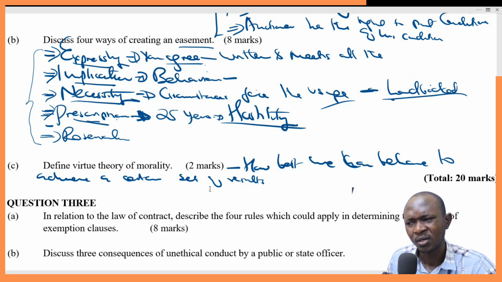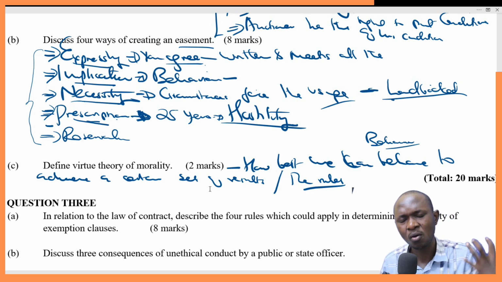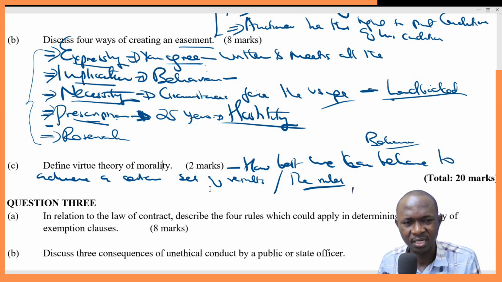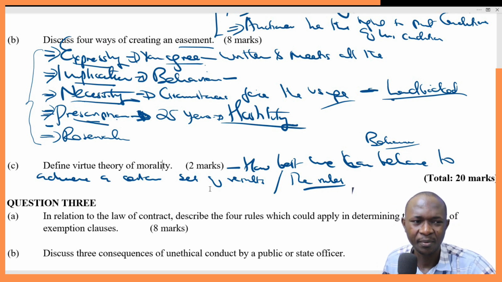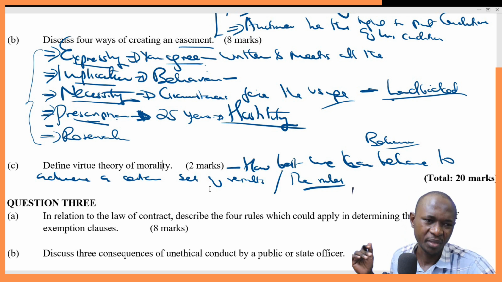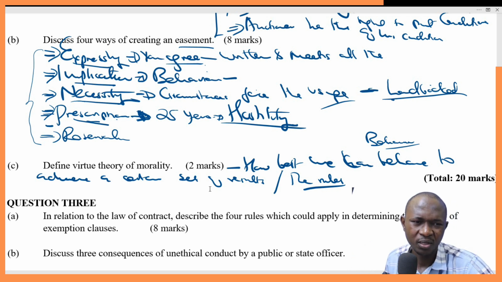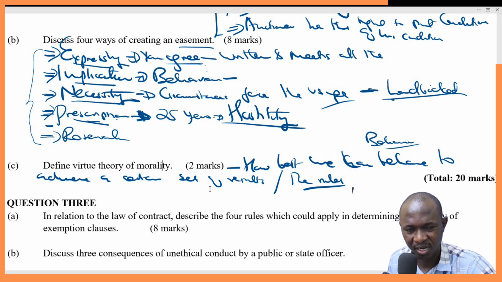So we are putting a lot of emphasis on the behavior, how we ought to carry ourselves, or how we ought to behave to achieve a certain set of goals or results, as opposed to the rules that we need to have that can help us. We have the rules and we have the real behavior. So the virtue theory basically stresses our character, how we are supposed to carry ourselves to make sure that we achieve the desired end results.